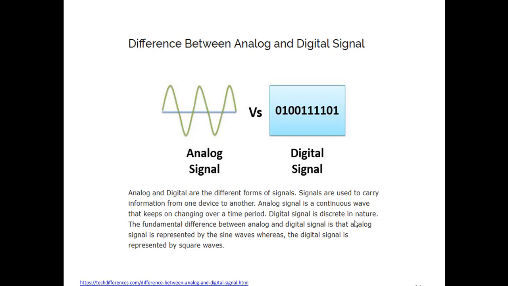A digital signal is discrete in nature. It means that it's like 0, 1, 0, 1. They are discrete numbers. The fundamental difference between analog and digital signals is that an analog signal is represented by sine waves, whereas a digital signal is represented by square waves. So it can be either 0 or 1. Just keep in mind that we can have analog or digital signals.